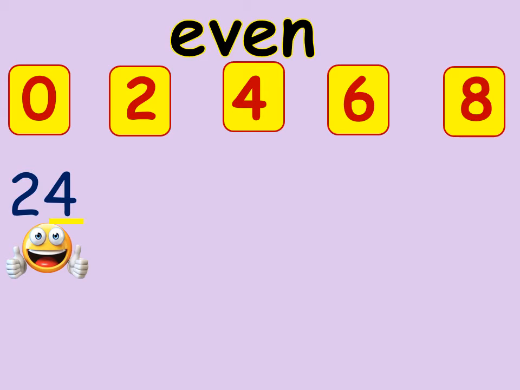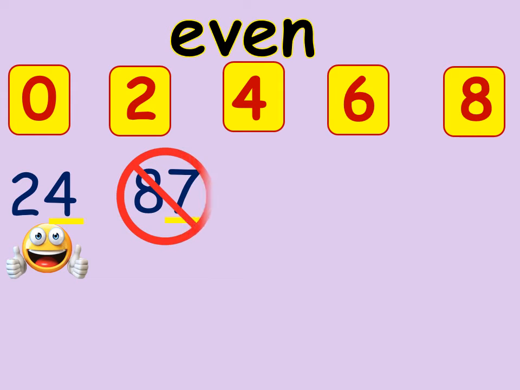So 24 is even. 87. Well, 8 is even. So 87 is even, right? No, we don't look at the 8. We look at the last digit, the 7. Is it even? Nope, it's not even. So 87 is not even.